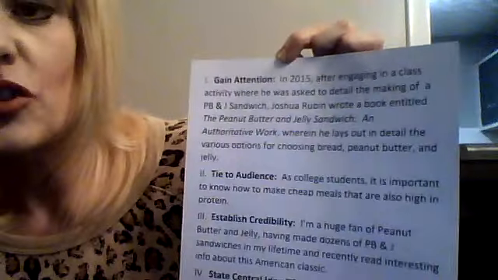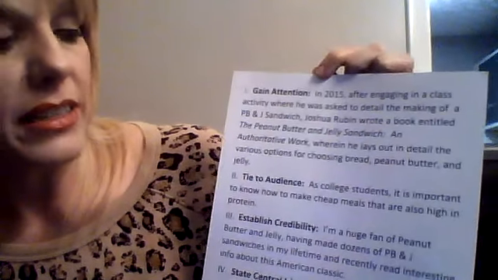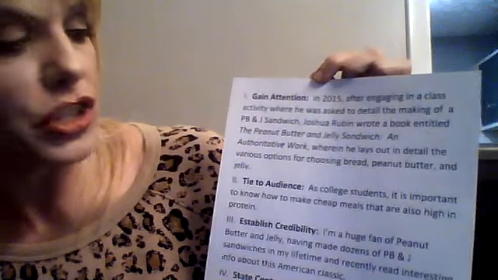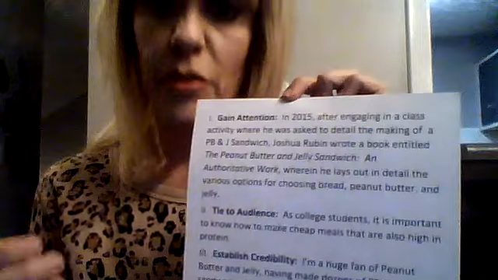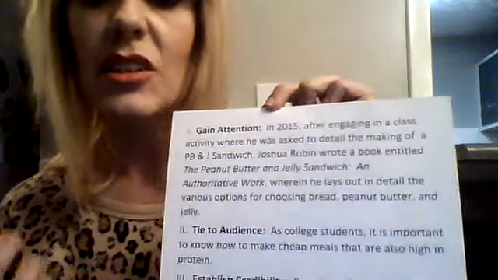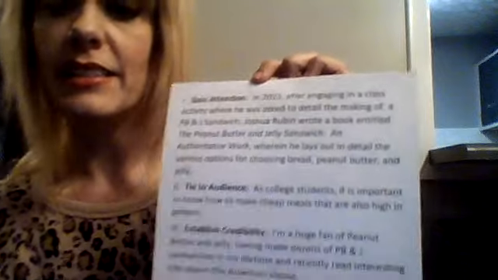Tied to the audience. So how would we make it relevant to an audience that we were speaking to? As college students, it's important to know how to make cheap meals that are also high in protein. You want to think about, remember that good audience analysis, what is my audience going to care about and why would they be interested in listening to this topic?